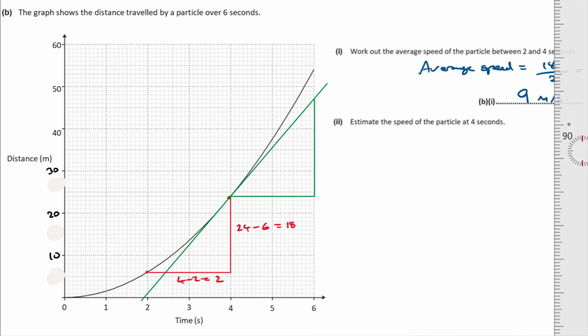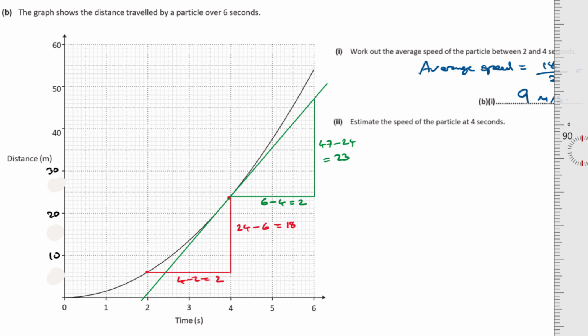Okay, so then this line here, that top line is at 47. So the length of this line is going to be 47 minus 24 then. What's that? That's going to be 23. And this distance is 6 minus 4, which is 2.